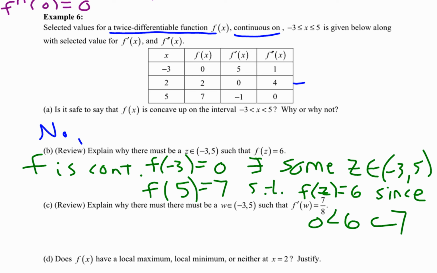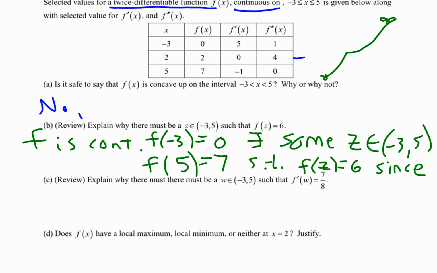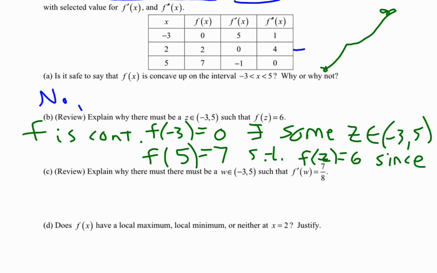Since we go from a y value of 0 to a y value of 7, and it's continuous, it has to hit 6 somewhere. That's what we're saying. And we know that by the IVT, the intermediate value theorem.